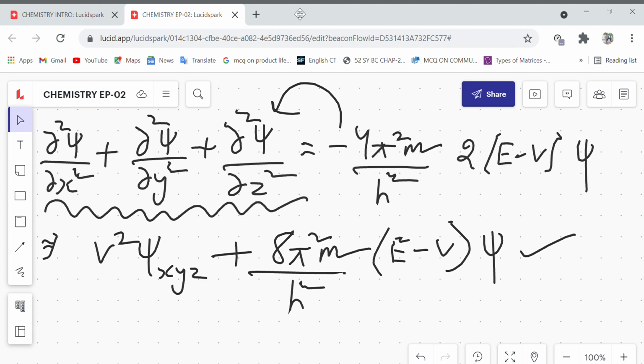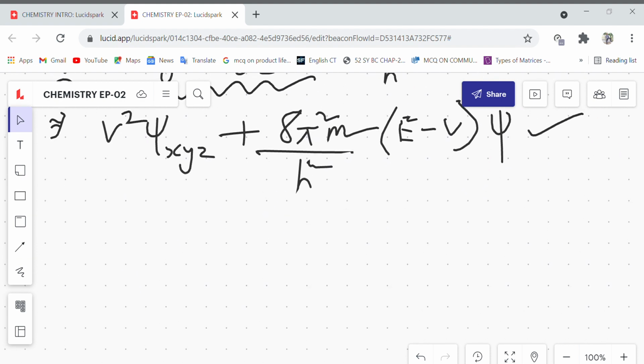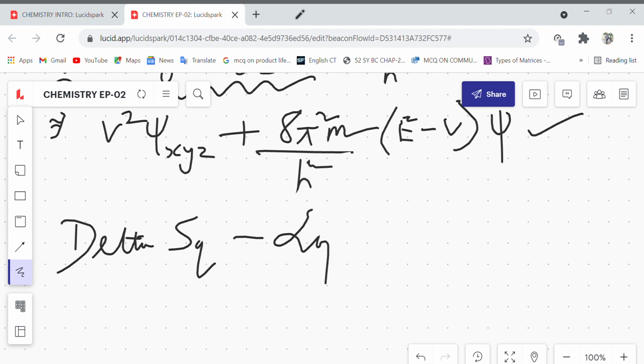And this is delta square, the Laplacian operator. I can write it over here: delta square, Laplacian operator.